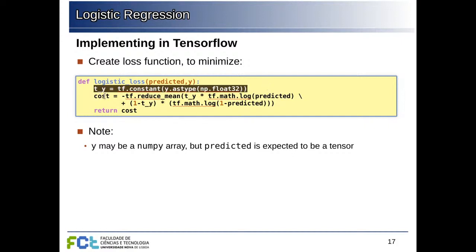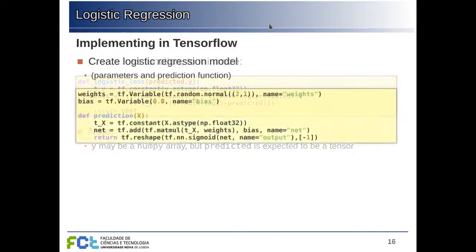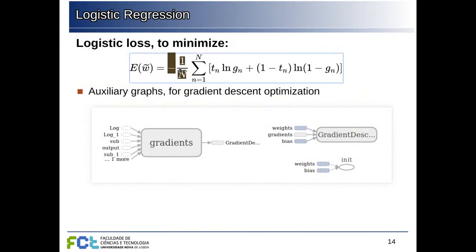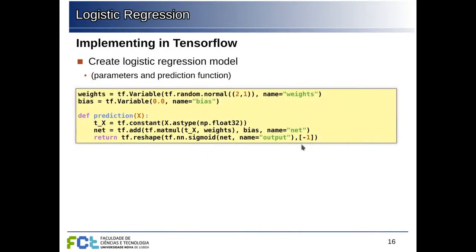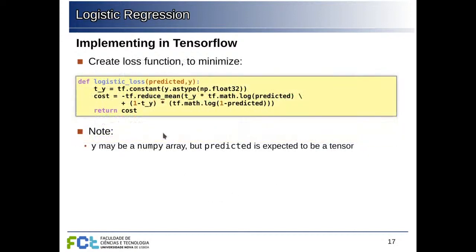And now we're going to compute the cost function, which is minus the mean of this expression here, of these products: the target labels multiplied by the logarithm of the output, and 1 minus the target labels multiplied by the logarithm of 1 minus the output. So we have the tensor with the target labels multiplied by the logarithm of the predictions, and then 1 minus this tensor multiplied by the logarithm of 1 minus the predictions.